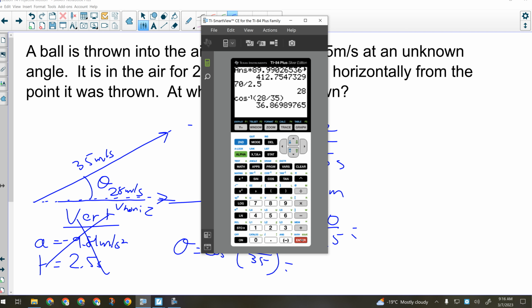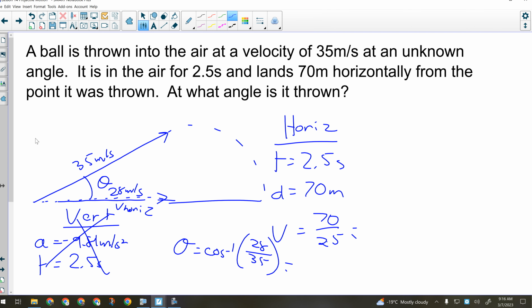So we're looking at 37 degrees for the angle it was thrown at. I still have to do pretty much the same things. Actually, this question was less work than the other ones that we've done because I didn't have to do anything with the vertical part. All right, questions on that one?